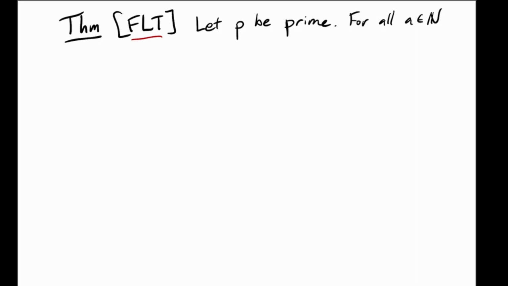I apologize for that. But here's the statement. If we have a prime number p, then for all natural numbers a, the following is true: a to the p is congruent to a mod p.